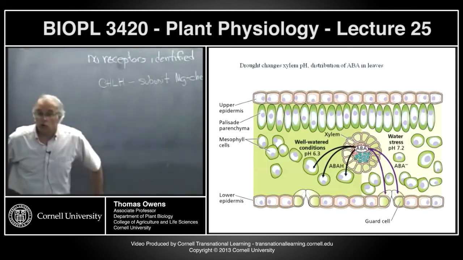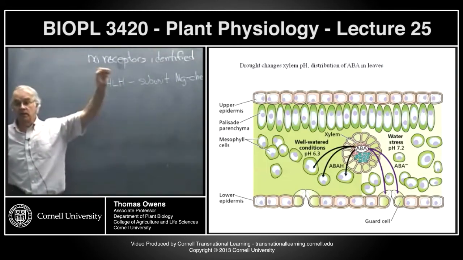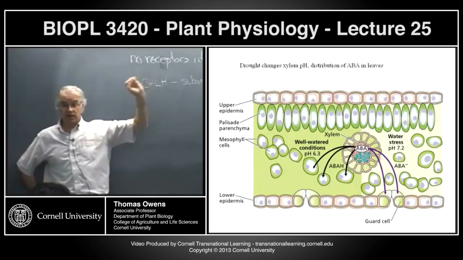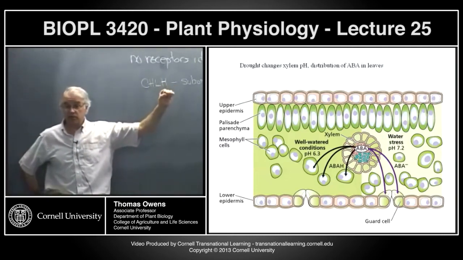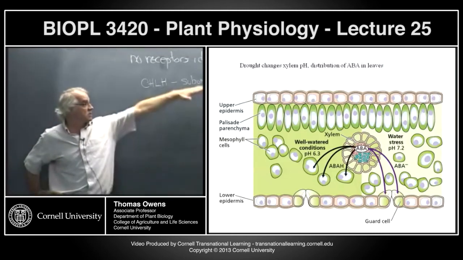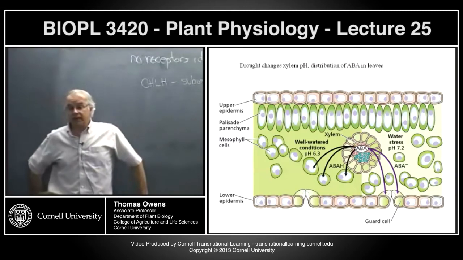In chlorophyll biosynthesis, remember the middle of the porphyrin ring in chlorophyll has a magnesium in it, in contrast to the iron in a heme ring. So there's an enzyme that sticks the magnesium into chlorophyll.